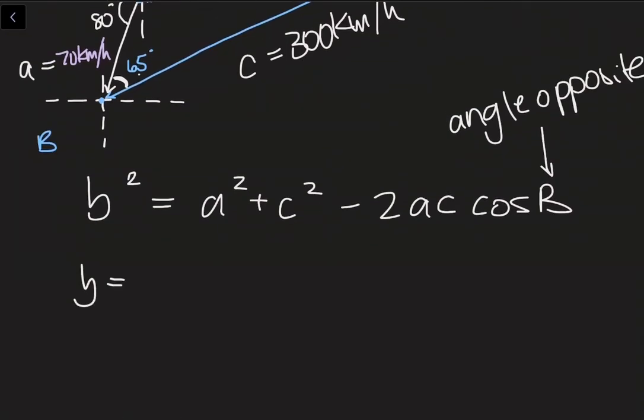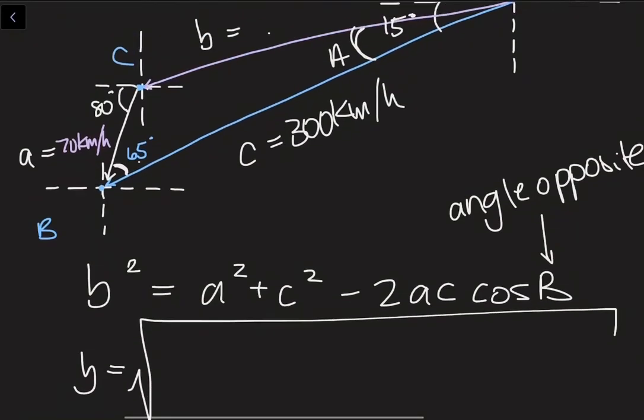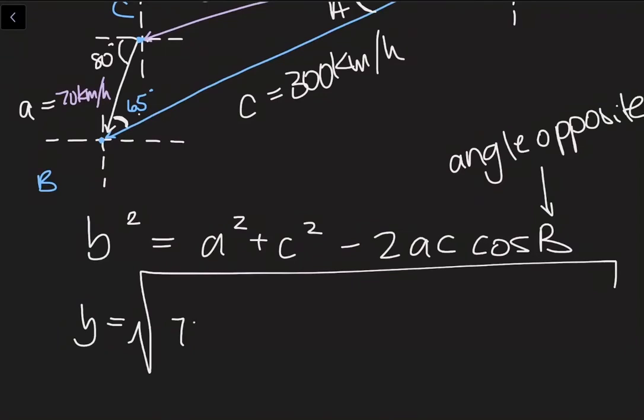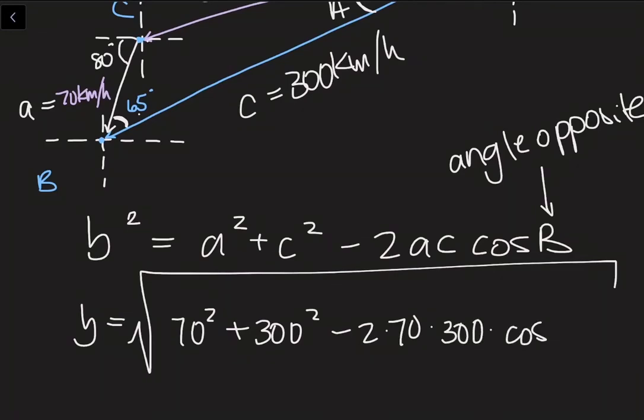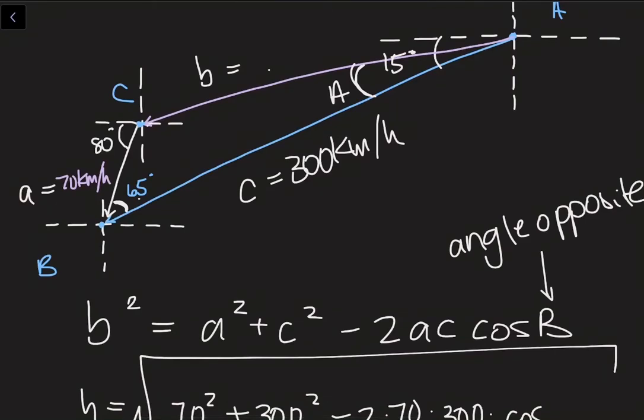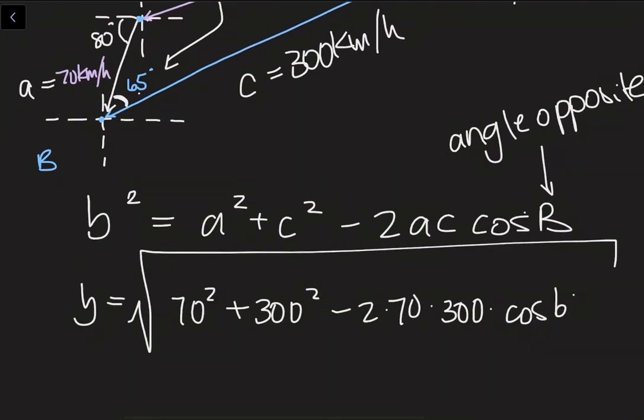B is going to equal the square root of all of this. So a is 70 squared plus 300 squared, which is our c squared, minus 2 times a times c times cosine b, which is the angle across from the side that we don't know. So across from the side that we don't know, 65 degrees.